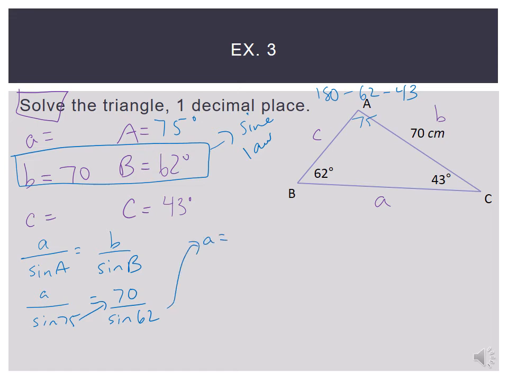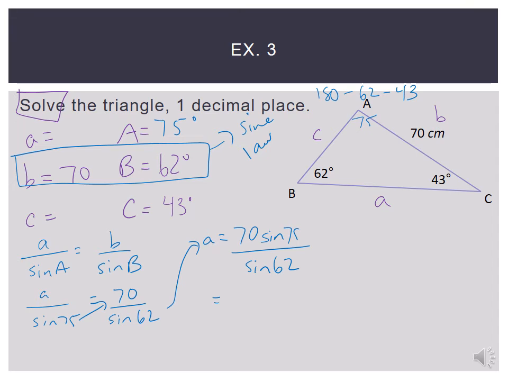A equals 70 sine 75 all over sine 62. Enter that just like you see it. 70 sine 75 divided by sine 62.